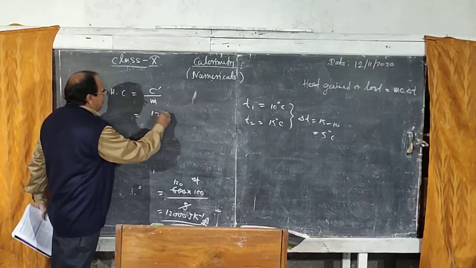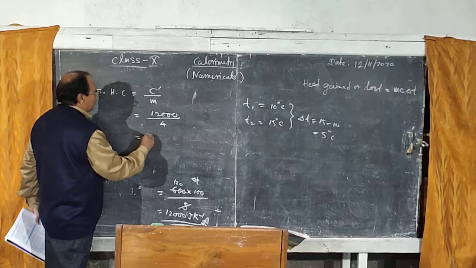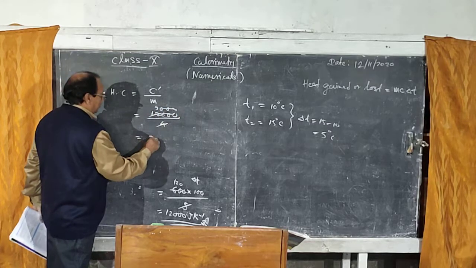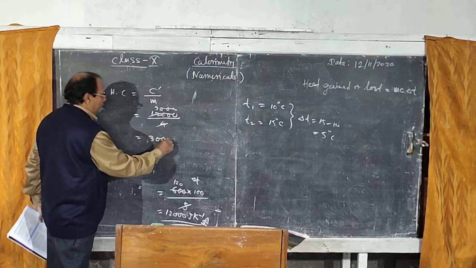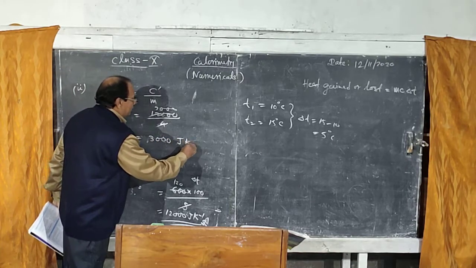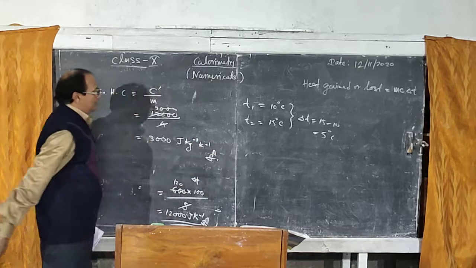So 12,000 by mass, which is here 4, equals 3000 J kg⁻¹ K⁻¹. This is your second answer.